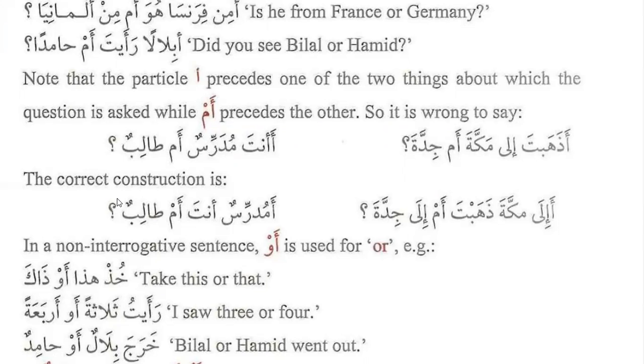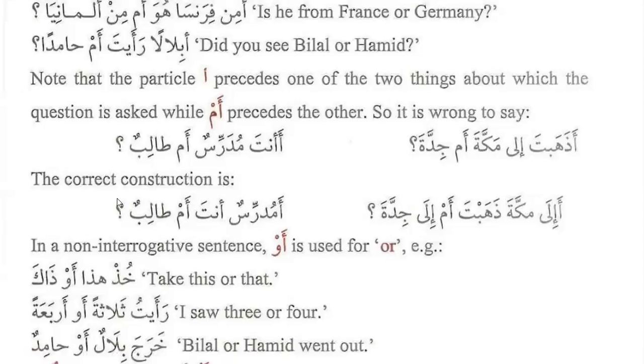Did anyone understand the point? Yes, when you're asking a question, you must have the other particle in between the choices. Why is this sentence wrong and why is this sentence correct? Anyone can answer.